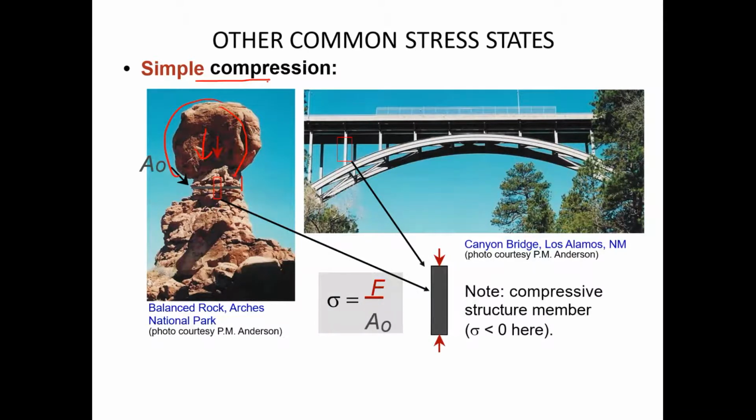So here we can see simple compression stresses, and the same goes with this bridge, Canyon Bridge, Los Alamos. Here we have metal struts, which also experience compressive stresses while they support the upper structure of the bridge.